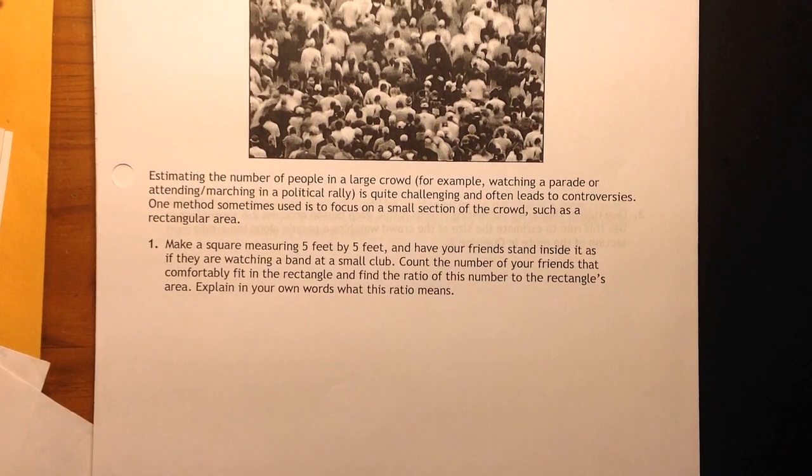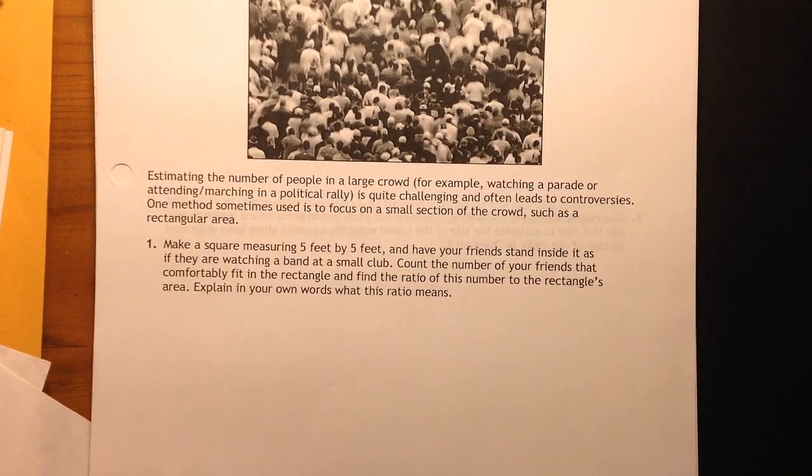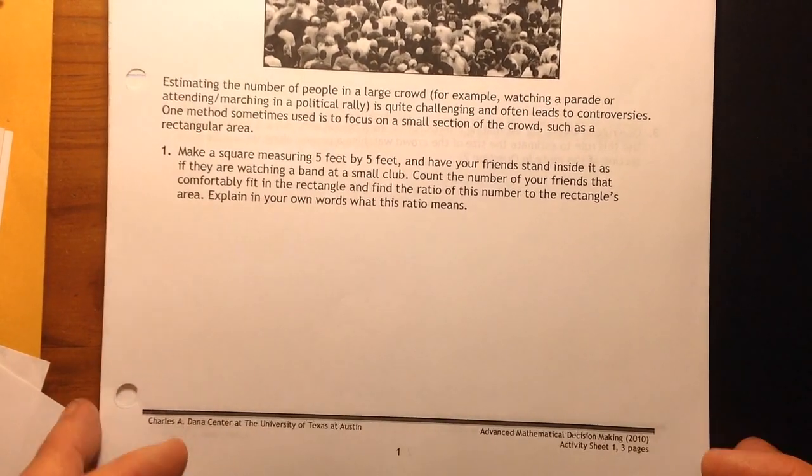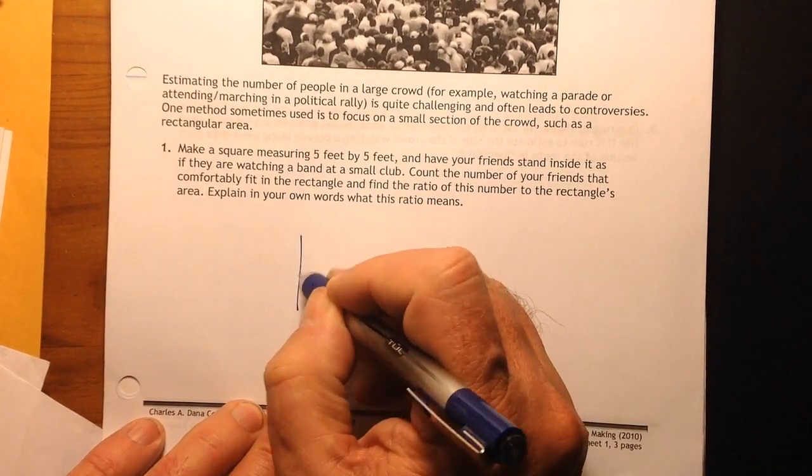Well, in class right now, this year, in AQR, I have 18 students, and most years I have more than that in this class. We can almost always fit everybody in the class inside a 5 foot by 5 foot area, even though sometimes it's a little cramped.